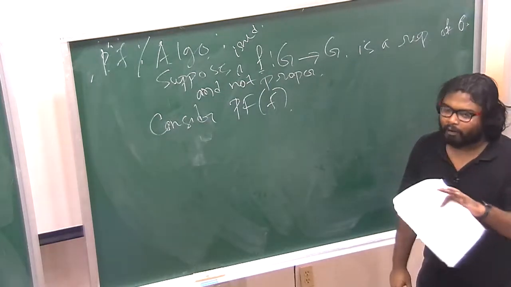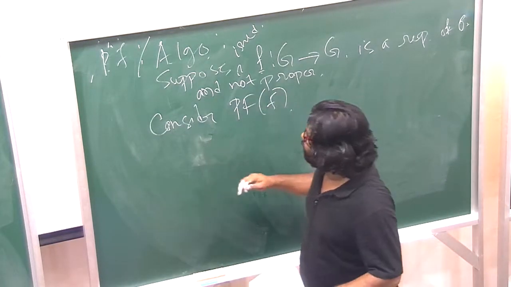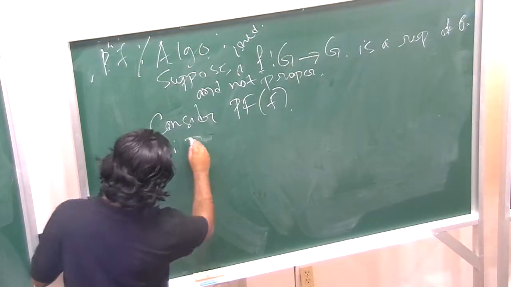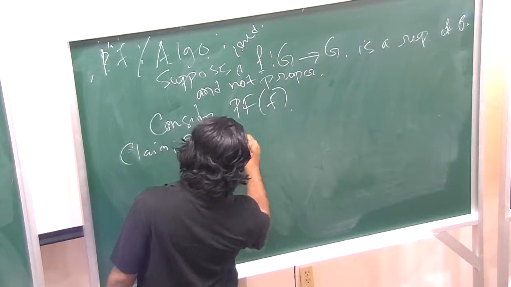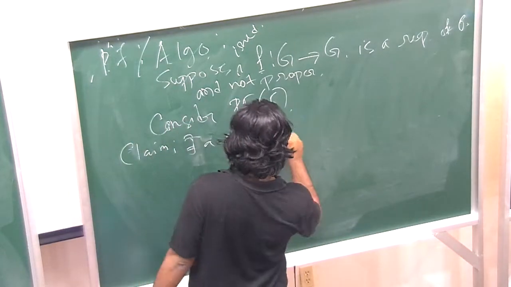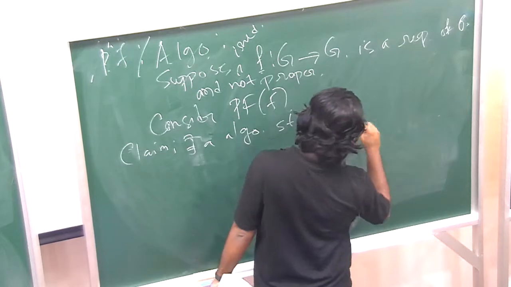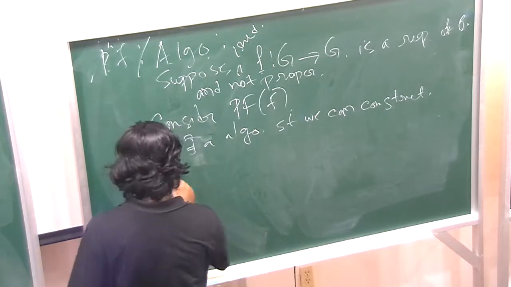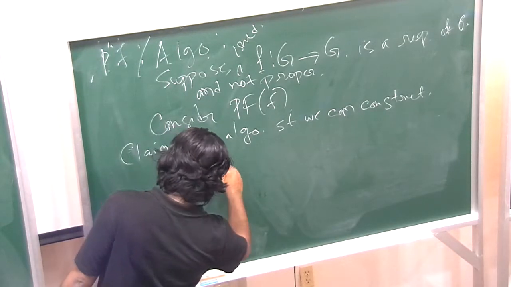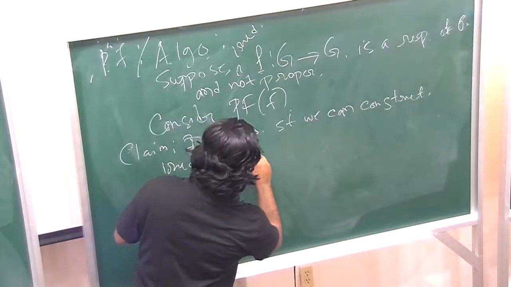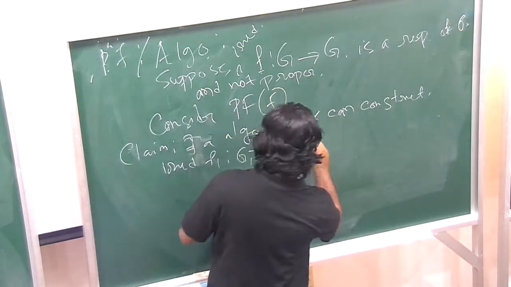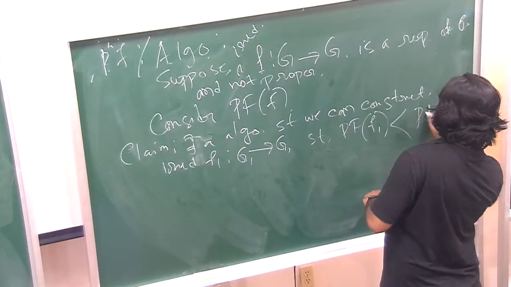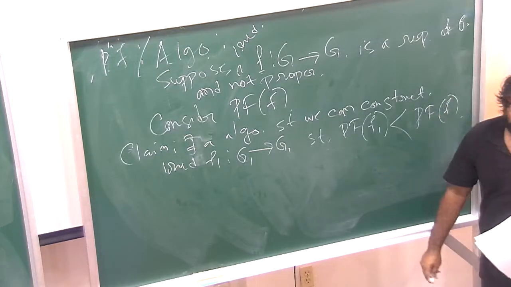Now I am saying that I have an algorithm to construct a new f. Now claim: there exists an algorithm such that we can construct another irreducible map f1 from this one, which we started with, such that the PF eigenvalue of the new one is less than the PF eigenvalue of the first one.